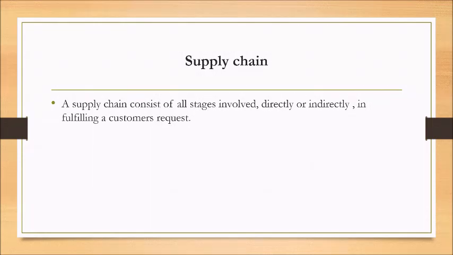If the product is faulty, the manufacturer provides that service to a customer, but which is not mentioned there. Or even the manufacturers take feedback from the customers. That is also not mentioned in the above definition. So basically it involves many other things.